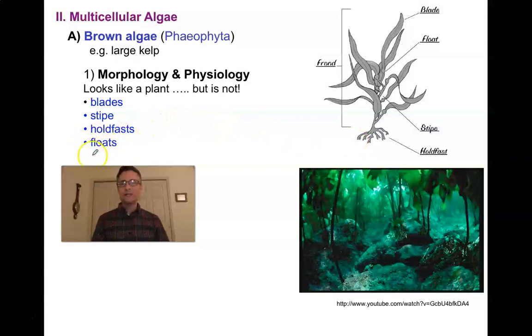And finally, a lot of kelps have structures that aren't analogous to anything that we have in plants, and those would be floats. So here you see an example of the float, and the float helps the plant, particularly the stipe and a blade over here, remain buoyant in the water and flat so that it can collect light and photosynthesize.